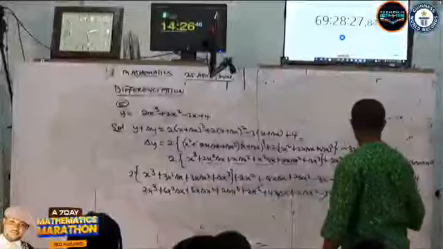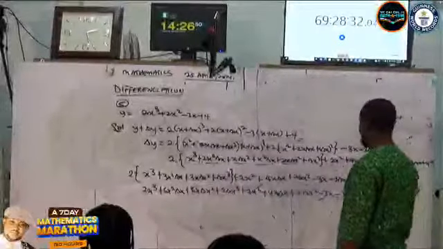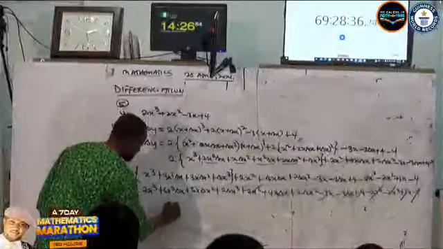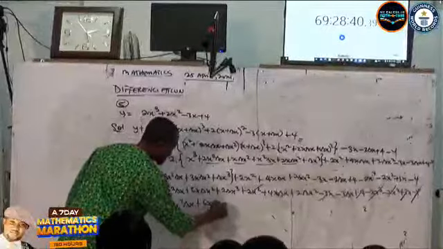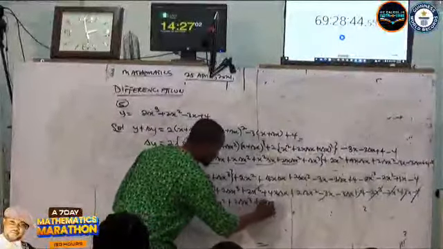Minus 3x and plus 3x is gone. Plus 4 and minus 4 is gone. That's the highest it can go. So you now bring out the remaining: 6x squared change in x plus 6x change in x squared plus 2 change in x cubed plus 4x change in x.